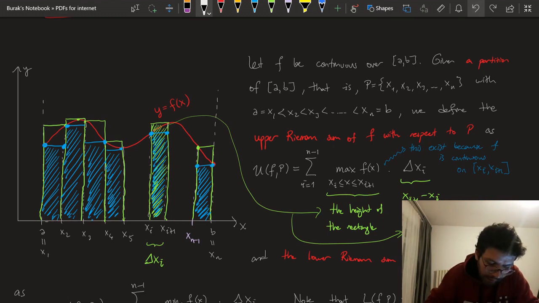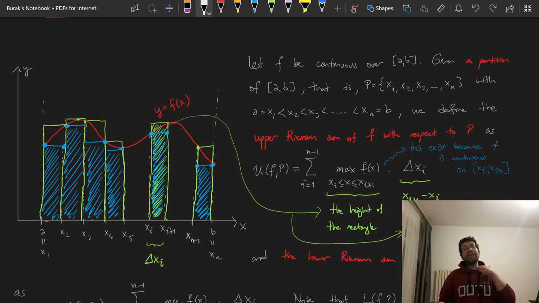Sometimes instead of giving these points in the partition explicitly, people say, I'm going to use the partition which consists of n equal intervals. What they mean is choose your points in the partition in such a way that the corresponding intervals are of equal length, and you have that many of them.